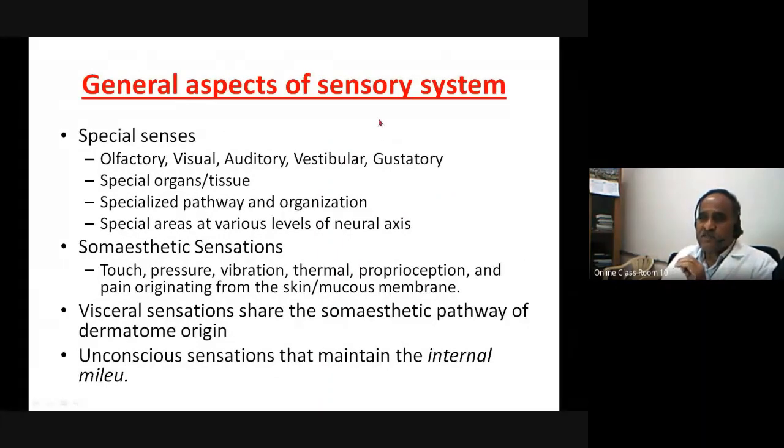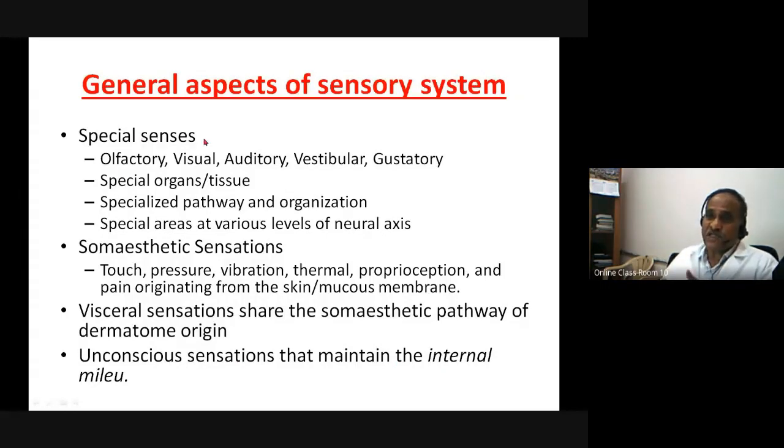There are some general aspects about the sensory system. One is the spatial senses. Another is the bodily senses, that is somesthetic sensations. Third is visceral sensation. And the fourth one I have listed here is the unconscious sensations, which we don't feel, but they are necessary for the internal milieu.